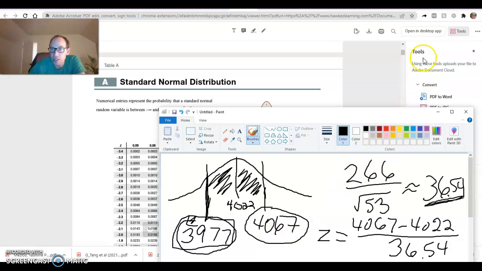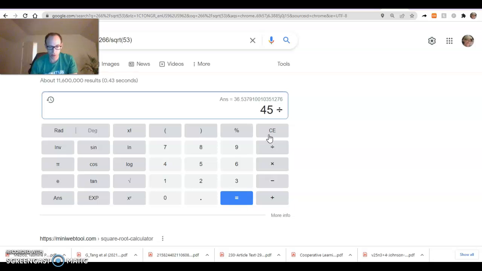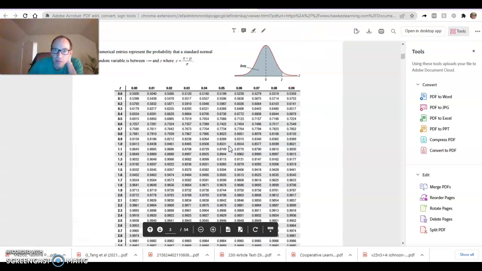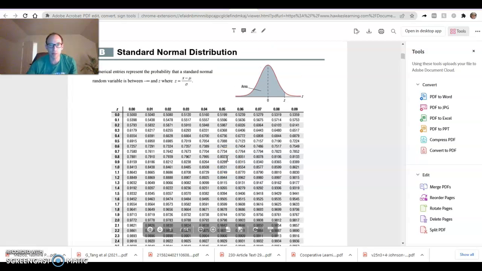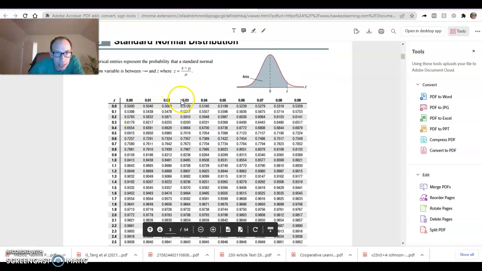45 divided by 36.5, that'd be a 1.23 score. So I'm just looking for 1.23, and that would be 0.8907.